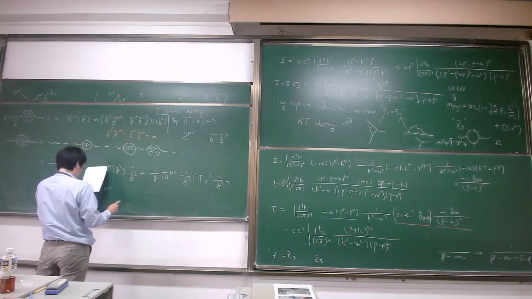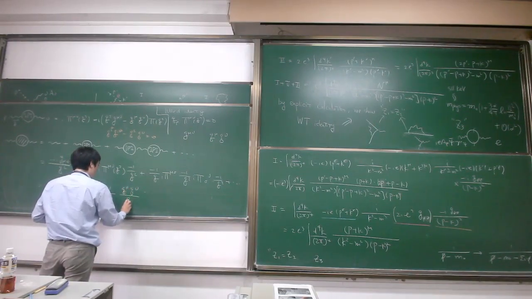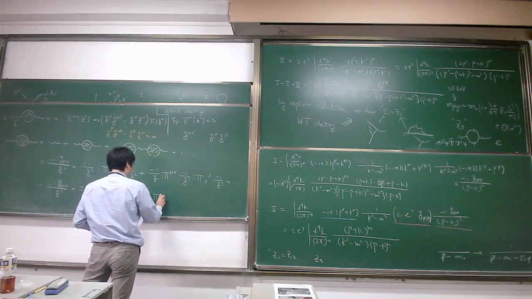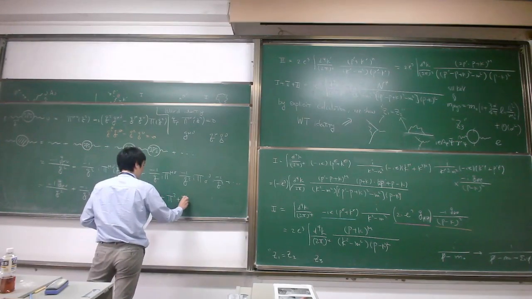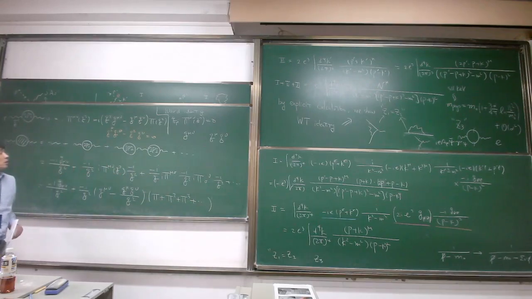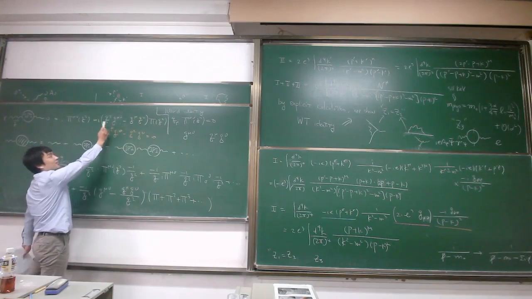I don't know why I wrote it like this. Sorry, I think that's a very stupid way to write it down. It's very simple. We already know that pi mu nu is proportional to this one.